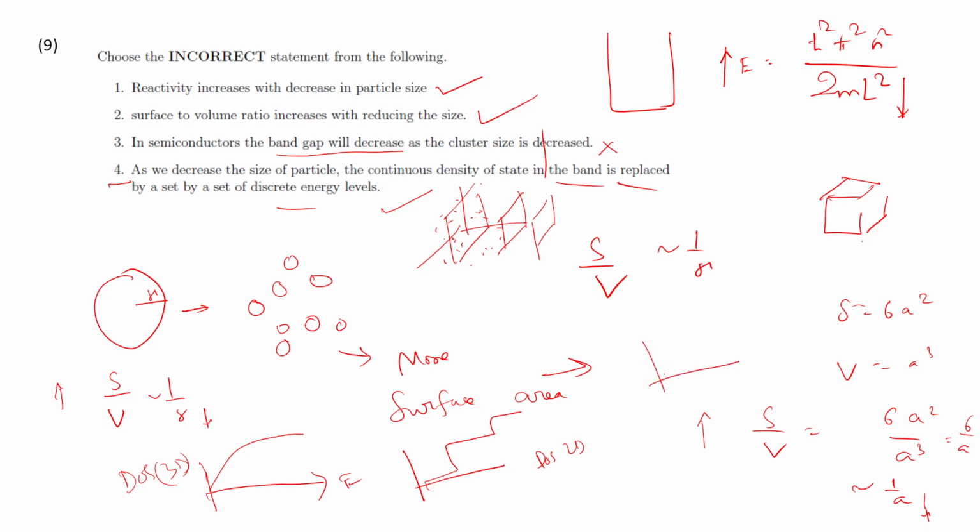If you still lower the dimension, it will come something like this, so this is in 1D. And if you still lower the dimension, it will become just spikes at the discrete energy levels. So it is replaced by a set of discrete energy levels. This is also true. So the incorrect option is the third option.